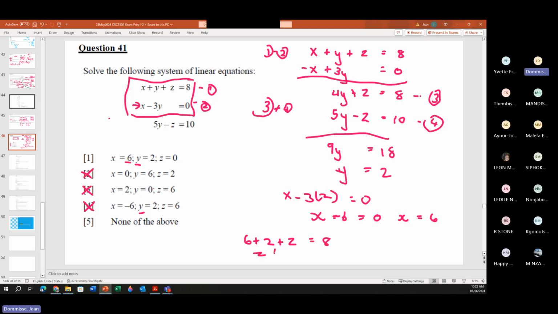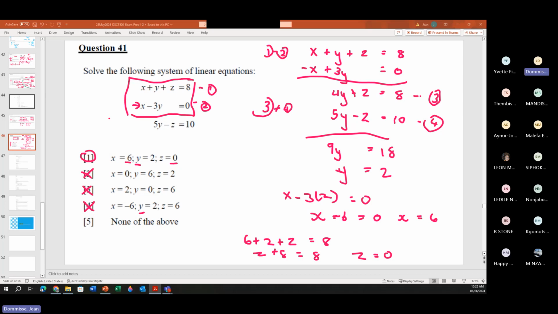So z plus 8 is equal to 8, which means that z is equal to 0. And there we have it. So option 1, if you don't have a calculator: x is 6, y is 2, z is equal to 0.